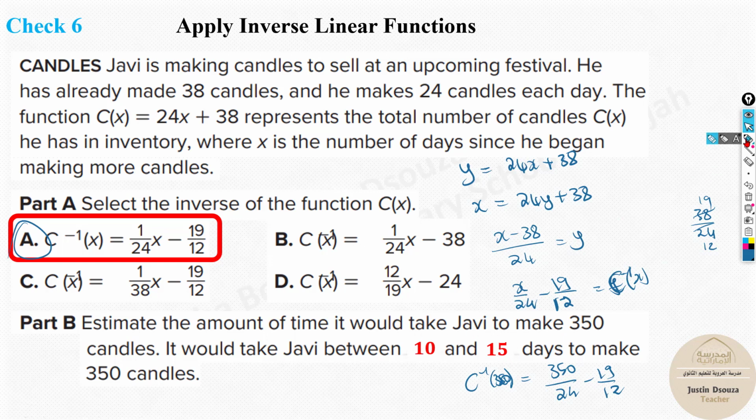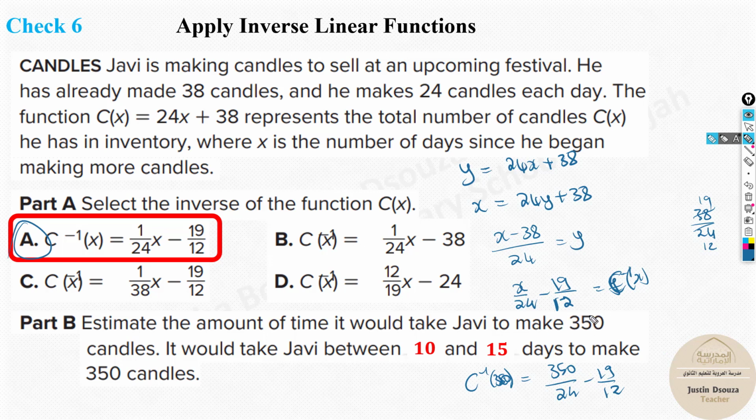Now, you also can check it over here. If you put x as 13, the number of candles will be 350. So whatever they give over here, you can see in the given question they'll mention what is x and C of x. In the inverse function, it swaps. So the C inverse of x is the number of days required, and x would be the number of candles.